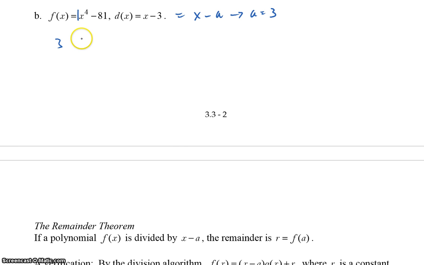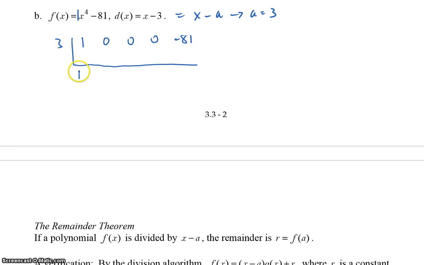So we would write 1, 0x cubed, 0x squared, 0x, and then the constant term, negative 81. All of those coefficients are necessary to make the synthetic division work properly. Then we put in our little L-shaped thing, and we're ready to go.